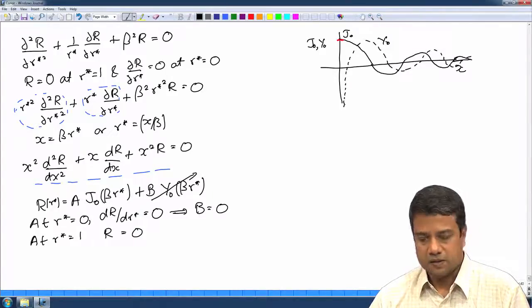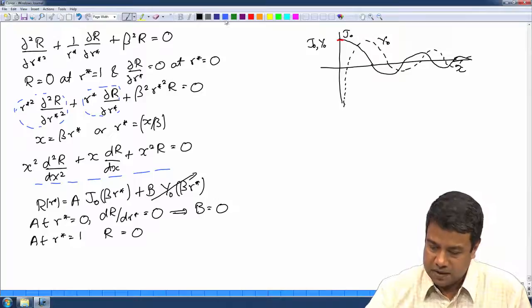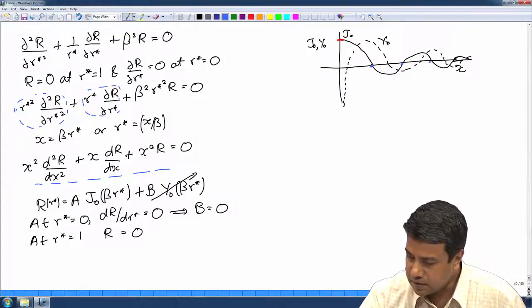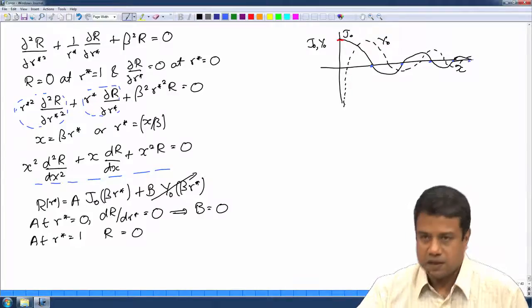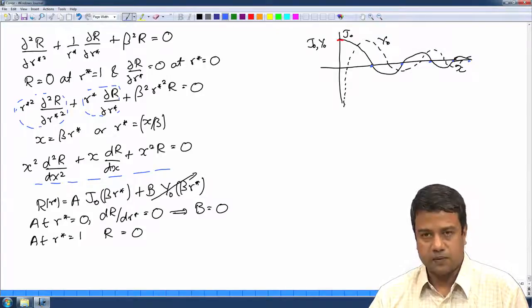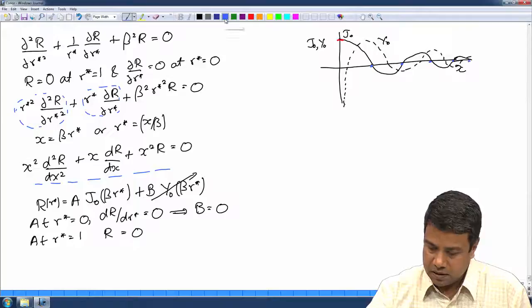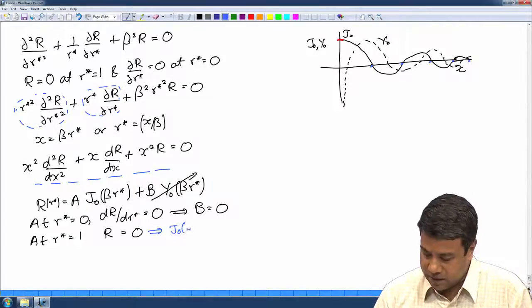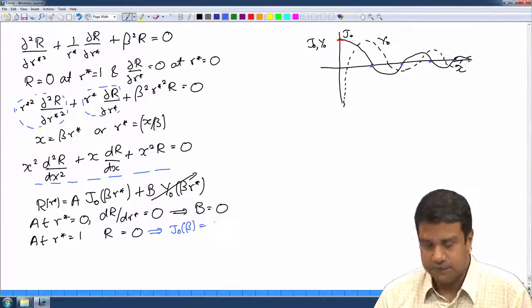Turns out it does not, because this Bessel function goes through 0 at multiple locations. Just like the sine function goes through 0 at multiple locations, the Bessel function also goes through 0 at multiple locations. Therefore, the requirement is that J0 of beta has to be equal to 0.